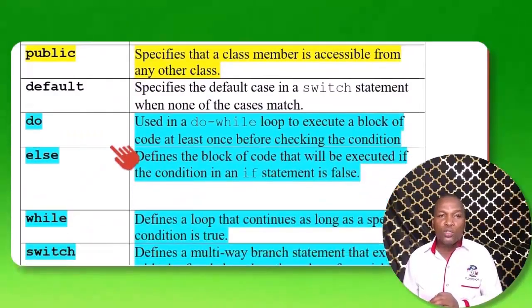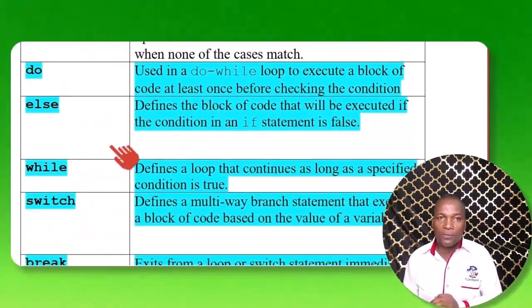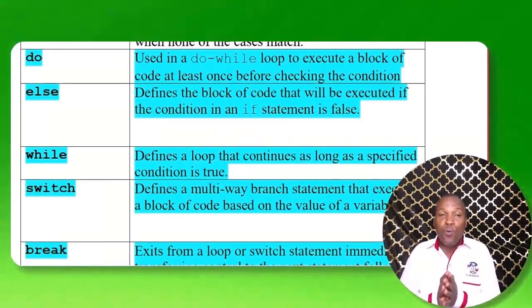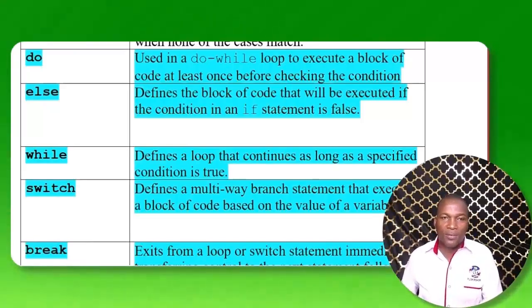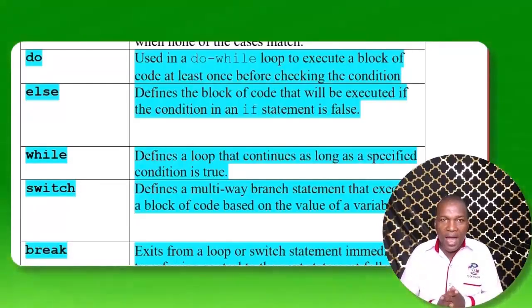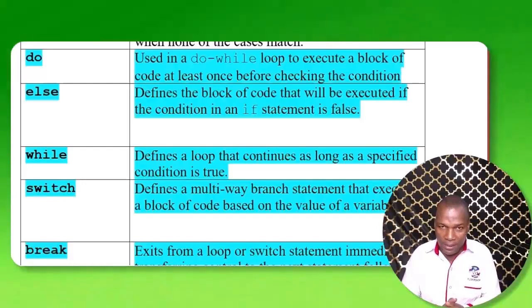Then we go now to another special category of keywords which I have painted blue. If you look at them and you have gone through a Java class, you'll notice why I have painted them blue. But for those who have not yet gone through that, I will explain for the purpose of covering that later. In Java, we have something we call control statements.